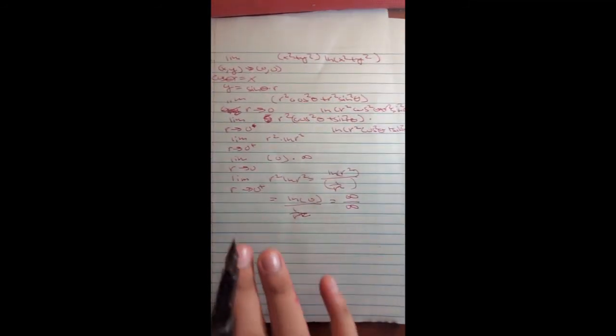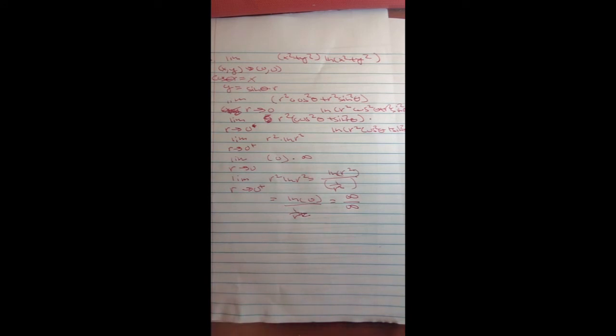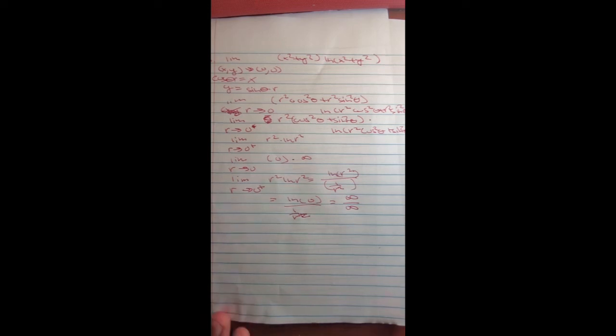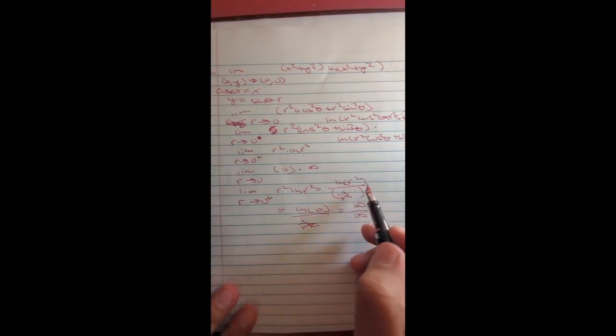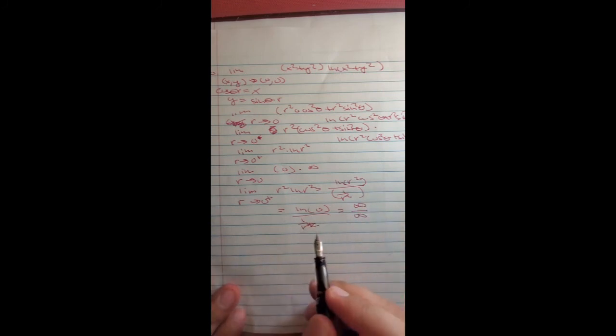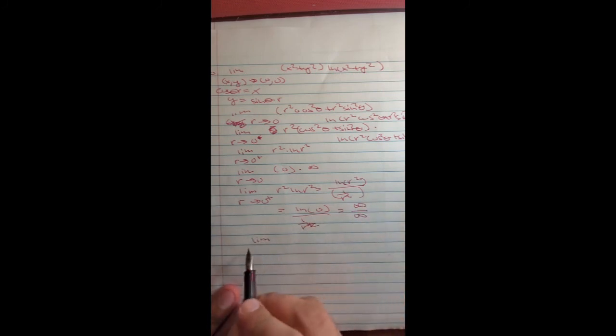And at this point, we can use L'Hopital's rule, where you can take the derivative of the top and the derivative of the bottom, and you can use those to find the limit. Okay, so we have to find the derivative of this and this, so that would be following.